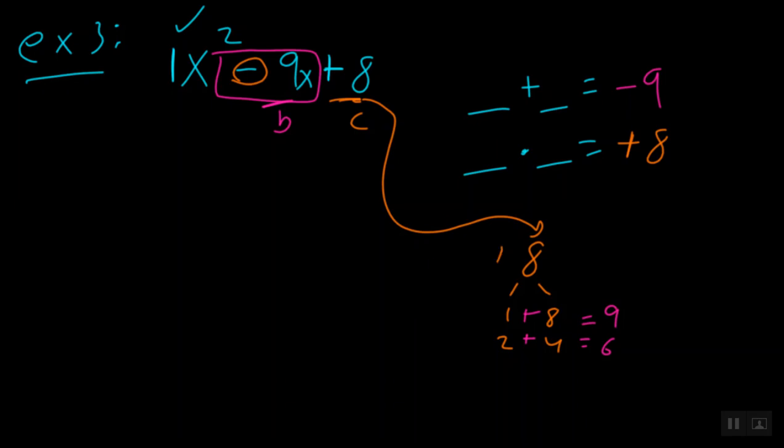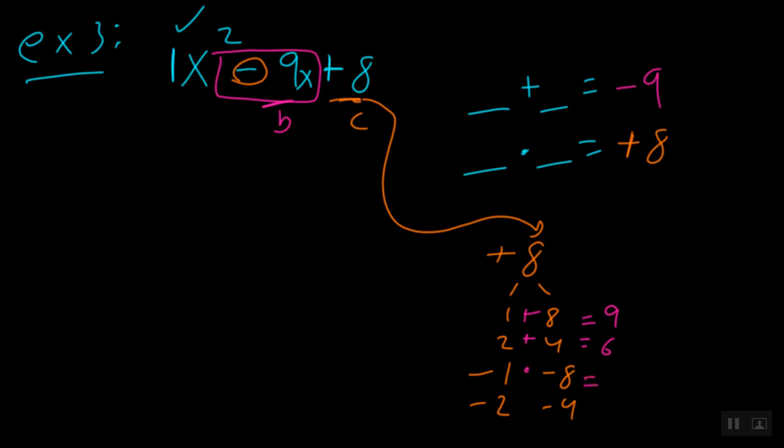Now remember, this is positive, so a positive times a positive is a positive, but so is a negative times a negative. Okay, so we can say -1 times -8 is positive 8, or -2 times -4 is also positive 8.